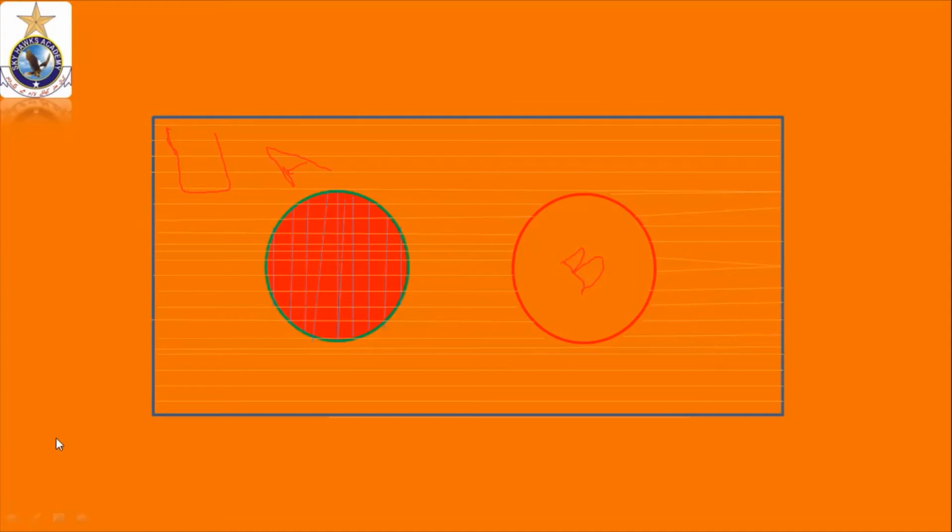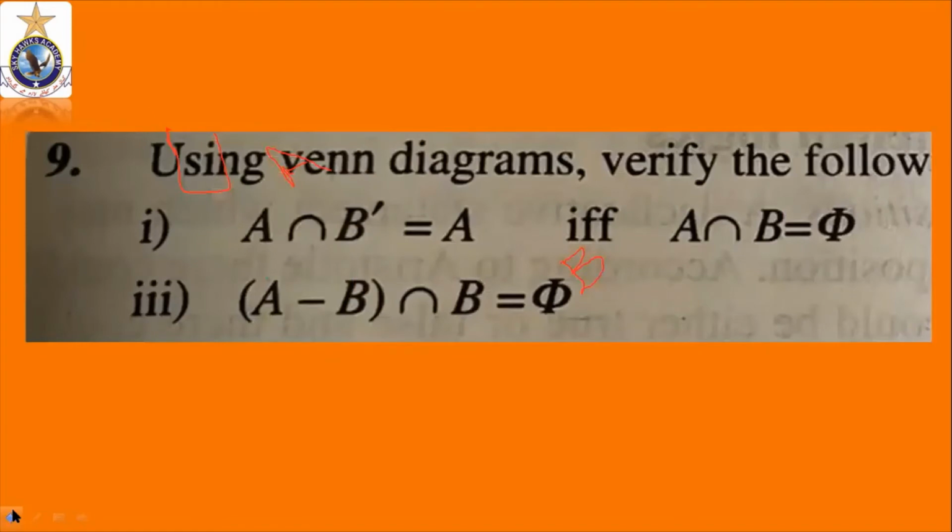What I mean to say is that if you can see this one, we can say that B complement represents the area which is not included in B, but each and every portion that must be in U, including A also. So that is called the complement. Then we will have to take the intersection.